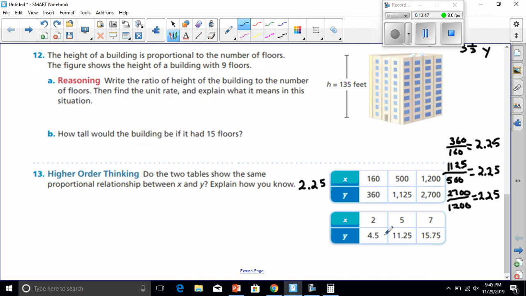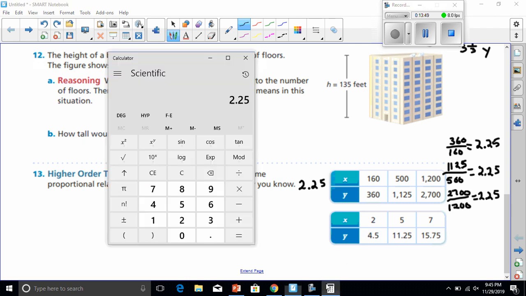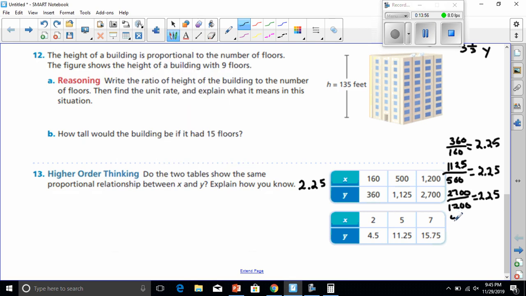Now I got to see if this second one is going to equal the same thing. Well, the first one is 4.5 over 2. Second one will be 11.25 over 5.